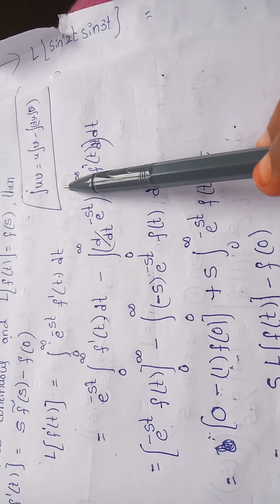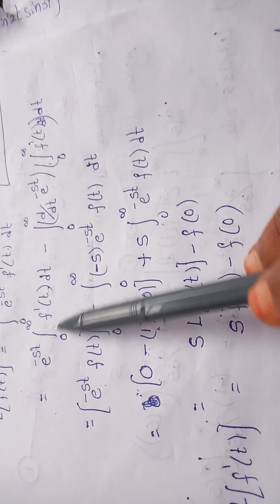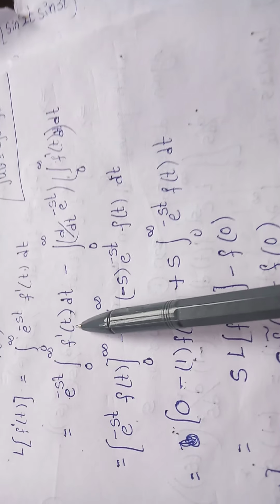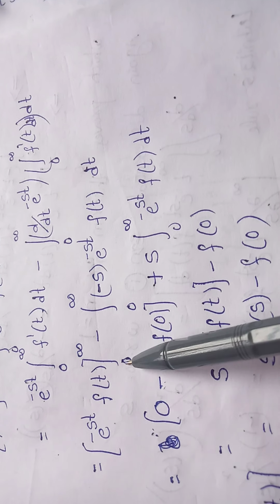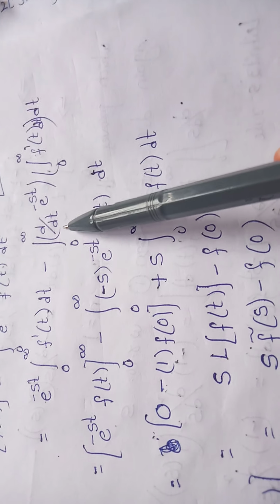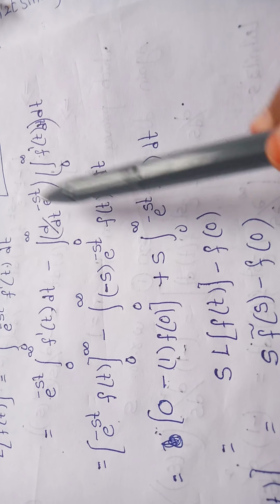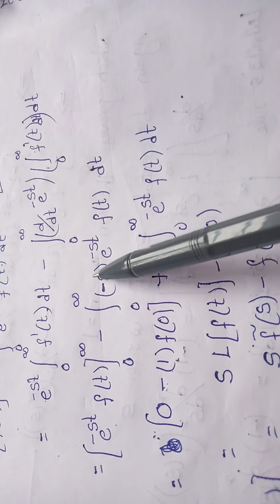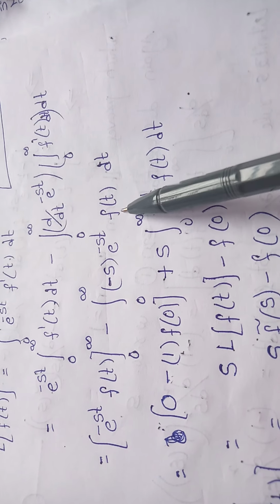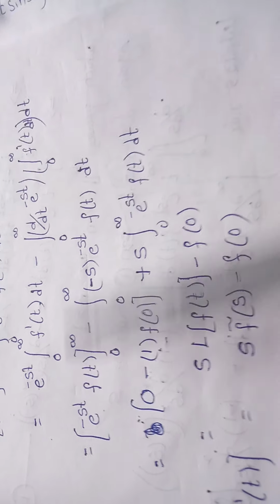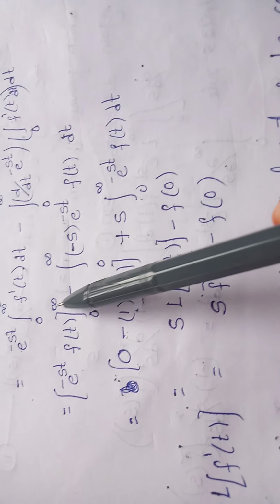We use the formula for integration of uv. So here the integral of f dash t, differentiation and integration both cancel. You directly apply the limit values. Next, the differentiation of e power minus st. Here minus s is the constant term, that is minus s into e power minus st f of t dt. You can apply the limit values.